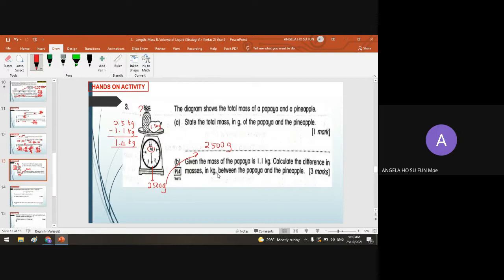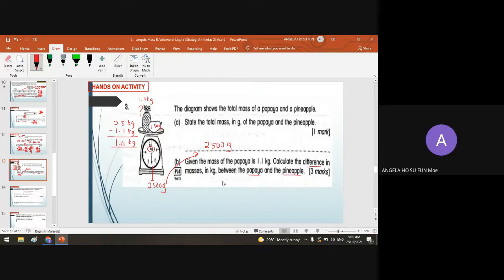No. Why? Because you know already this pineapple is 1.4 kg and the papaya is 1.1 kg. The question is asking you to calculate the difference between the mass of the papaya and the pineapple. So what step are you going to do again? Minus.